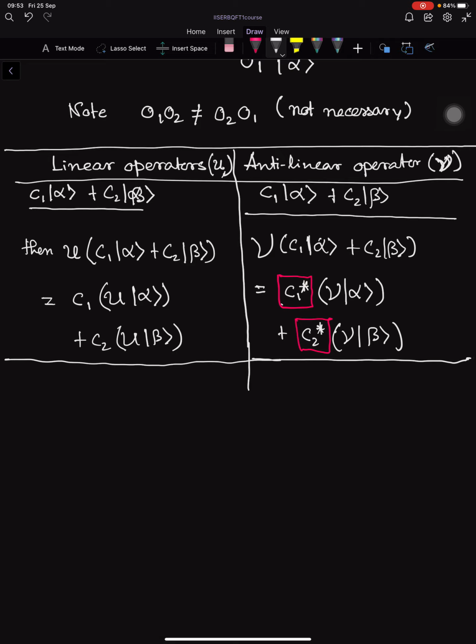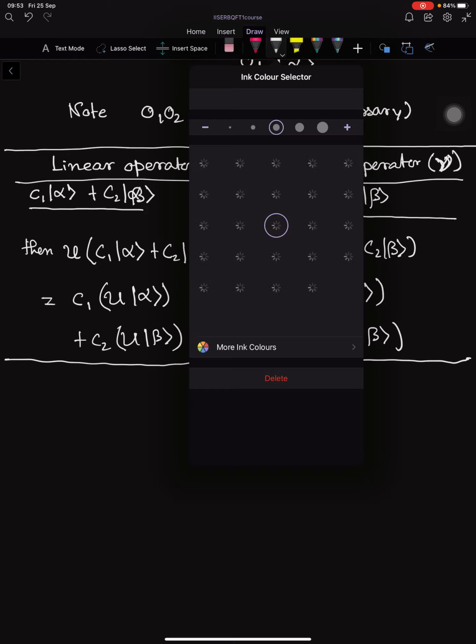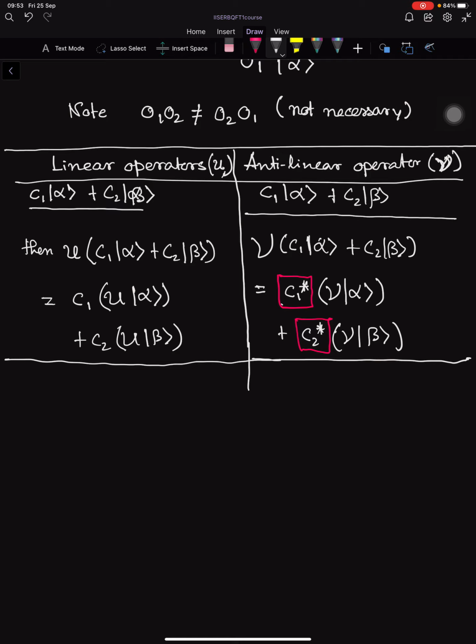Now the thing we want to define is something called a unitary operator. But up to this point, let's define another thing first: the adjoint of an operator.